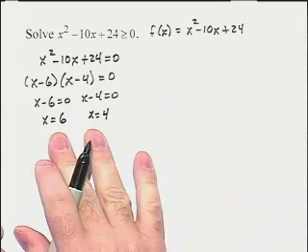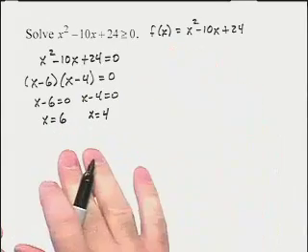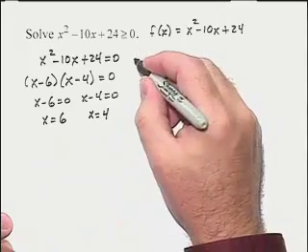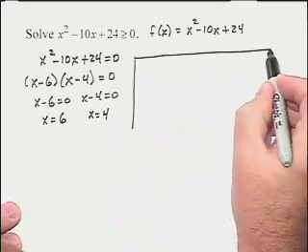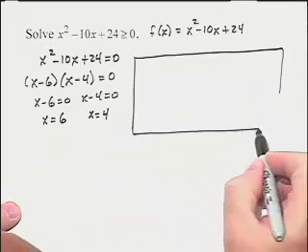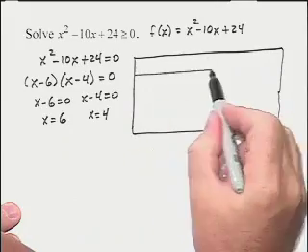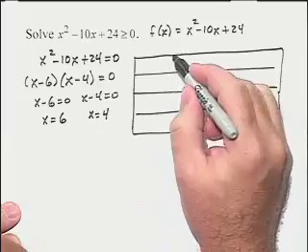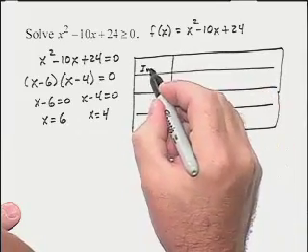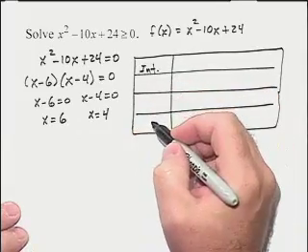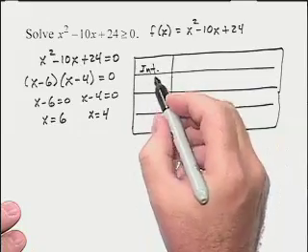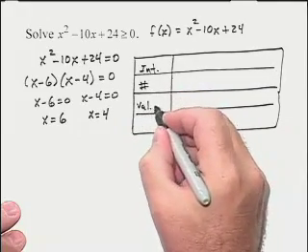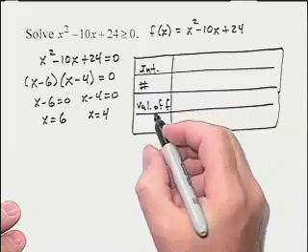We'll use these zeros of our function f of x to divide the real number line into 3 subintervals. We'll make up a table. In our first column, we're going to write down our headings for interval, a number in the interval, the value of f, and then our conclusion.